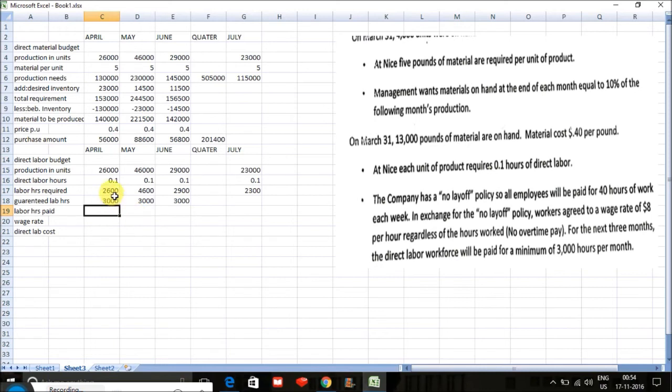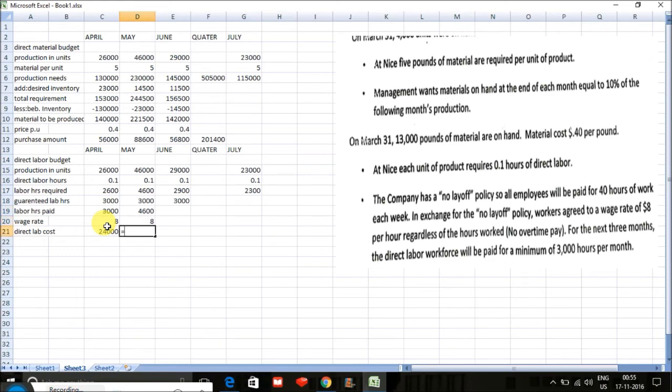So in the month of April, the labor hours required is 2,600, but we have to pay 3,000 labor hours. And the labor wage rate is also given, that is $8. So direct labor cost will directly come to 3,000 multiplied by 8, that is 24,000. In the month of May, the labor hours required is 4,600, so we have to pay 4,600 labor hours at the rate of $8 per hour.